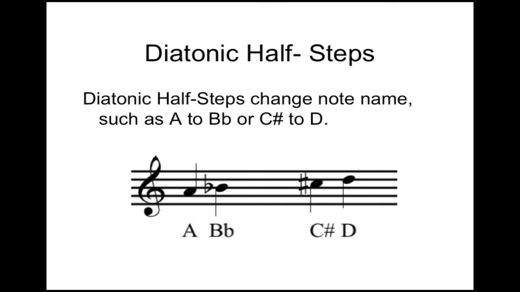As mentioned earlier, the exceptions are E natural to F natural and B natural to C natural. Think of the keyboard. These are the notes with no black notes in between them, and they are naturally occurring half steps.